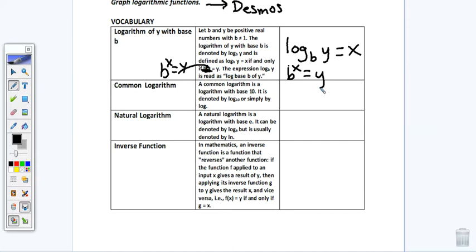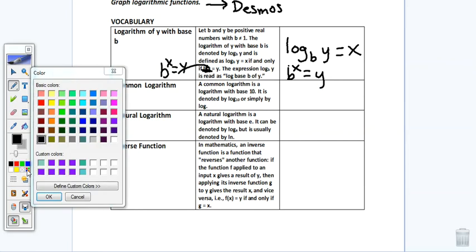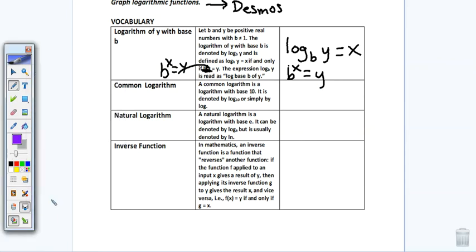Okay? Here's what I want you to understand. If you can think of it this way, it says log base b of x is equal to y. Understand this. In this notation right here, b is always my base. It's the base value that we're talking about. And then if you can understand over here, this is x. This is like the exponent.